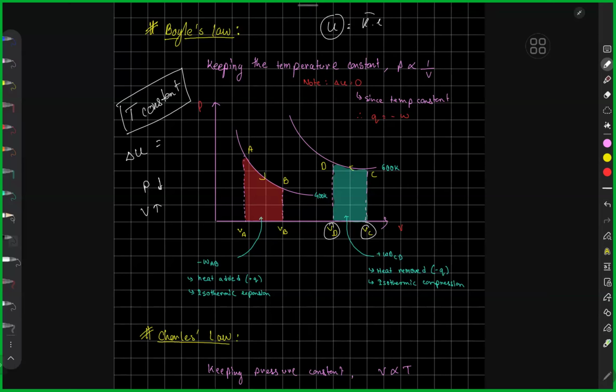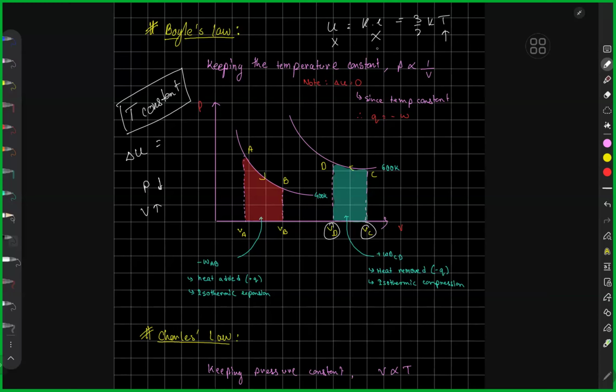So internal energy equals the kinetic energy of the ideal gas, and kinetic energy is equal to 3/2 kT. So if my temperature is constant, will the kinetic energy change? No. And if the kinetic energy doesn't change, will the internal energy change? No. So the basic idea is to look at the temperature.